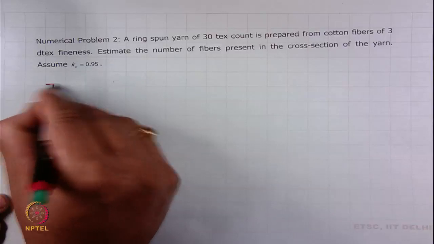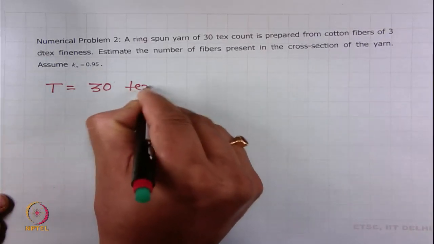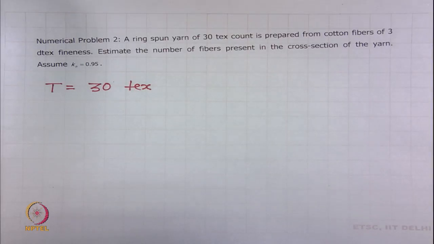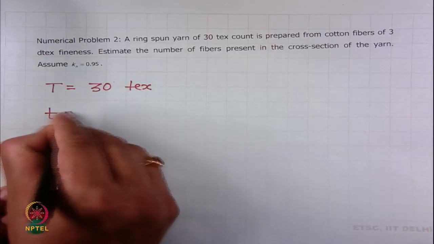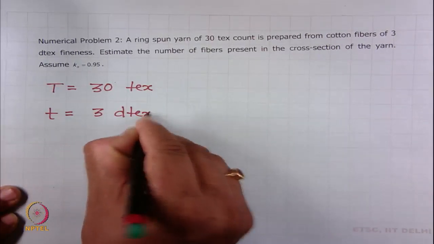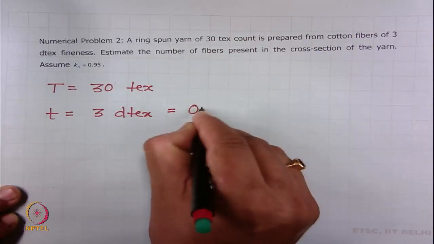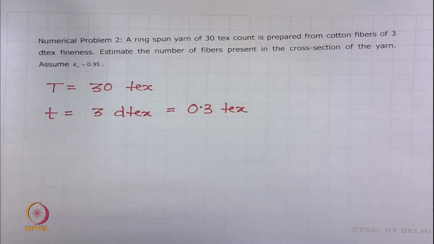Capital T is given, 30 tex, and also fiber fineness, small t, is given to you: 3 decitex. Estimate the number of fibers present in the cross section of the yarn.